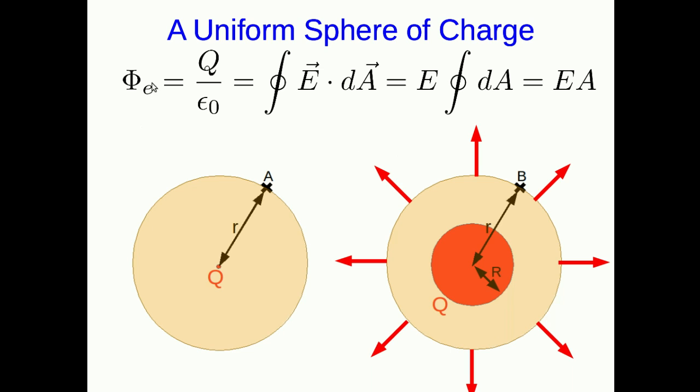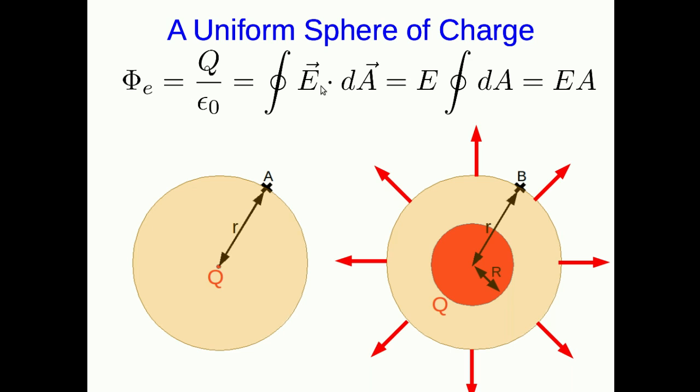Well, so now we can write our flux. Gauss's law tells us our flux is the charge inside the sphere. Well, that's our whole charge on our spherical charge. So Q over epsilon naught, and that equals the flux. And the E field is the same everywhere on our Gaussian surface, and it's perpendicular to our area.